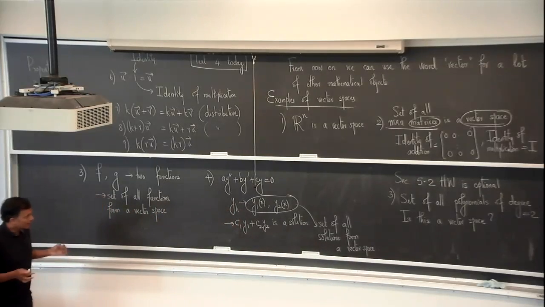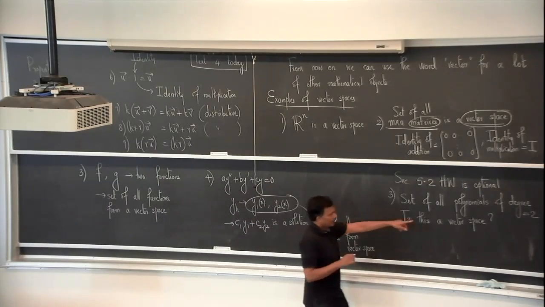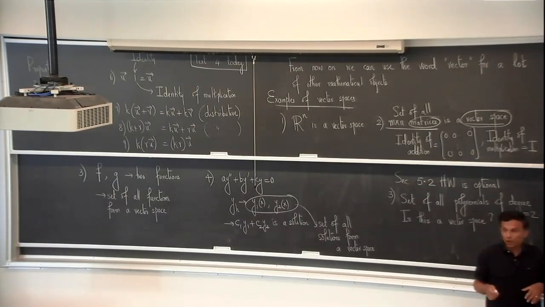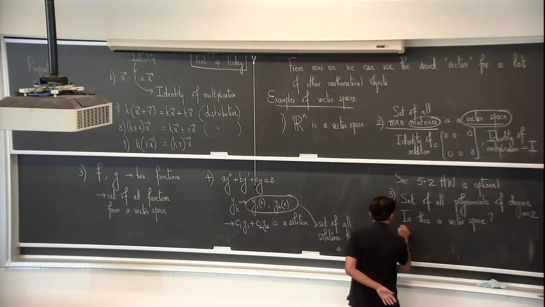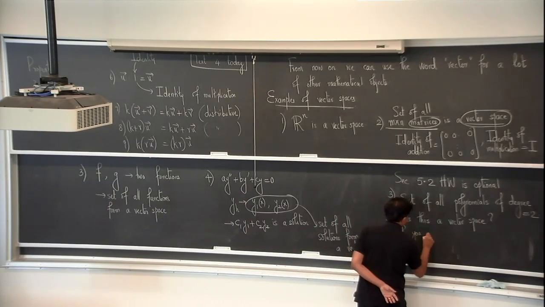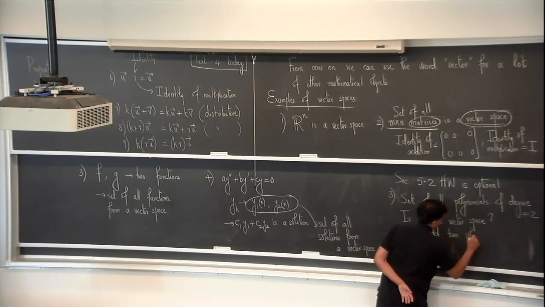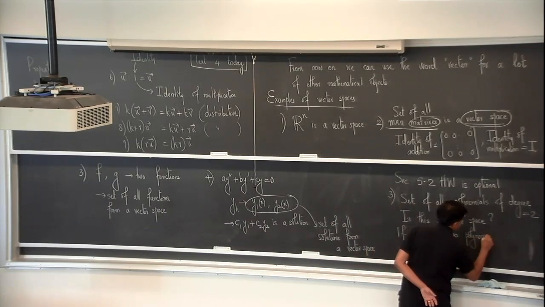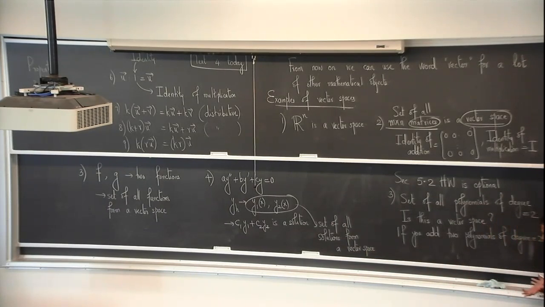So the critical question you want to ask is, if you add 2 polynomials of degree equal to 2, do you always get a polynomial of degree equal to 2? Add 2 polynomials of degree equal to 2, okay, which means it's a quadratic polynomial.